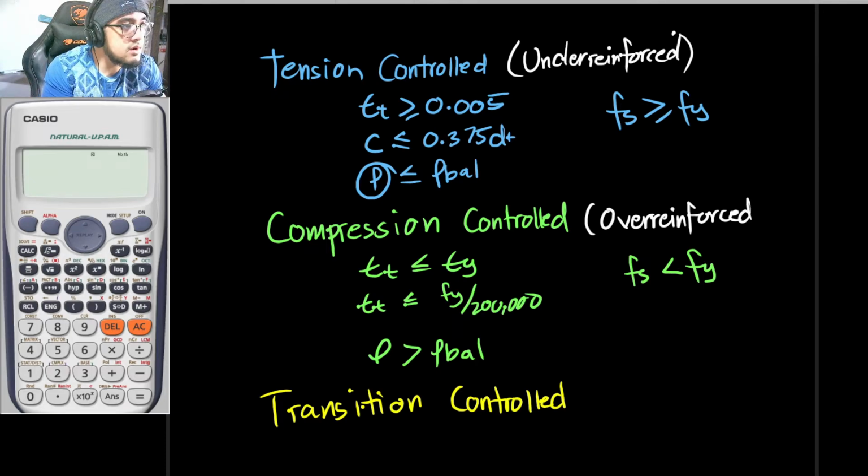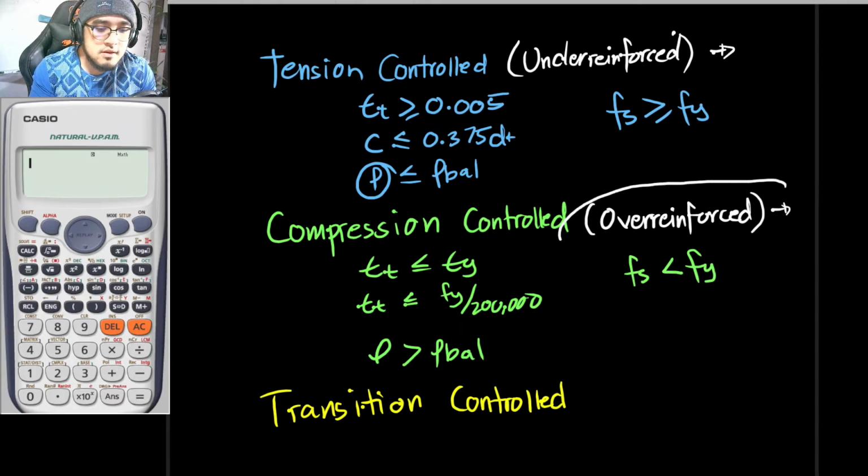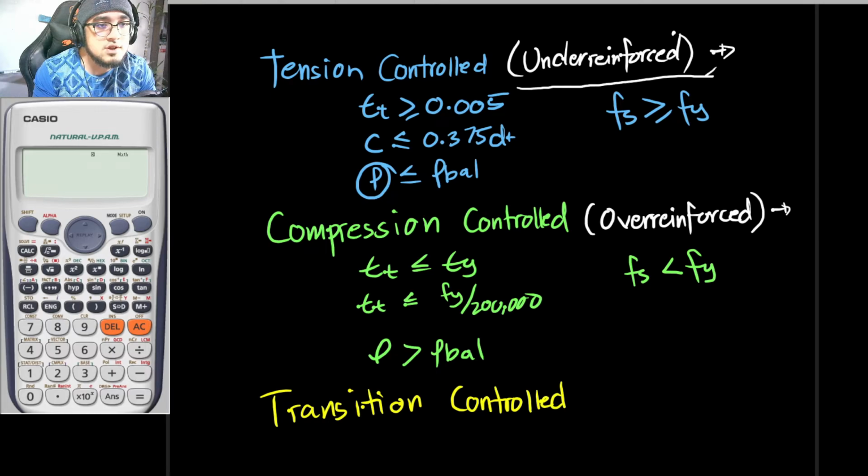Moving forward, the common misconception here: when you say under-reinforced, syempre kulang sa bakal yan. When you say over-reinforced, sobra naman sa bakal. One common misconception of people is that when we say a member is over-reinforced, it is much safer compared to tension controlled.